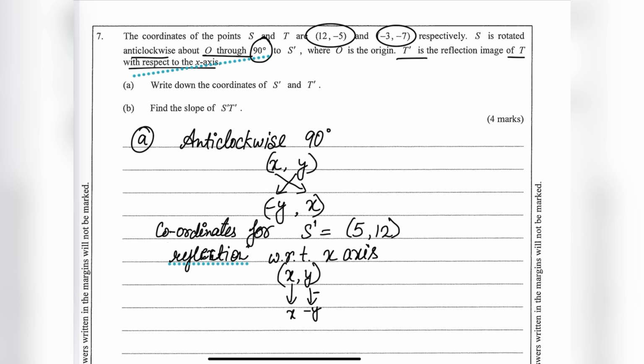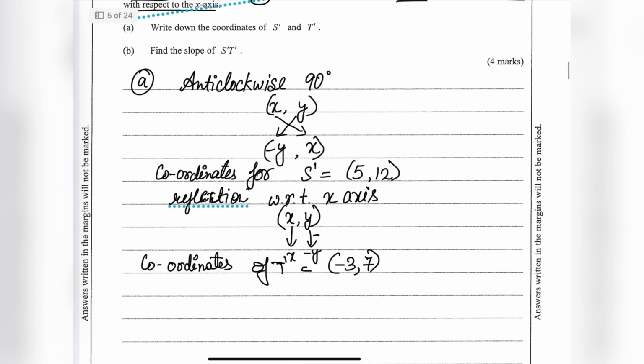So the coordinates for T dash will be: x remains x, negative 3, and y with the negative sign, which is 7.